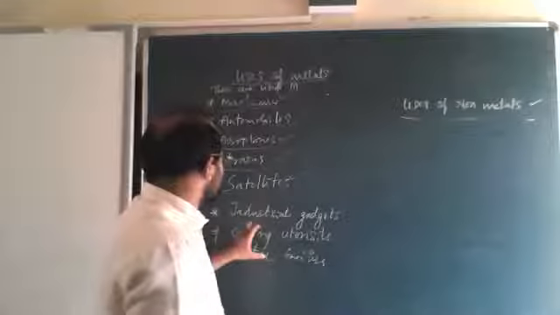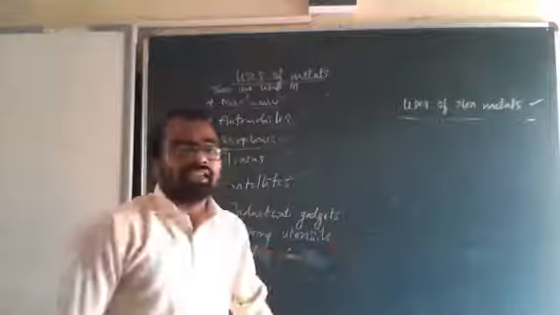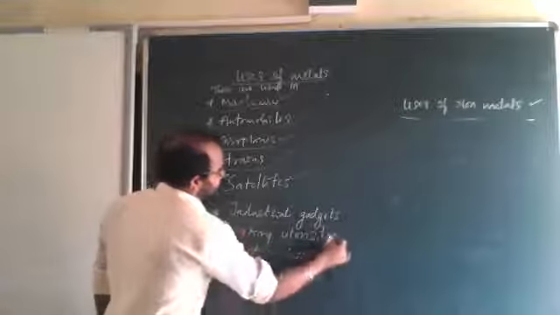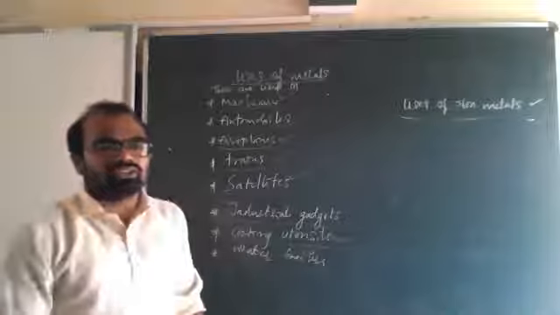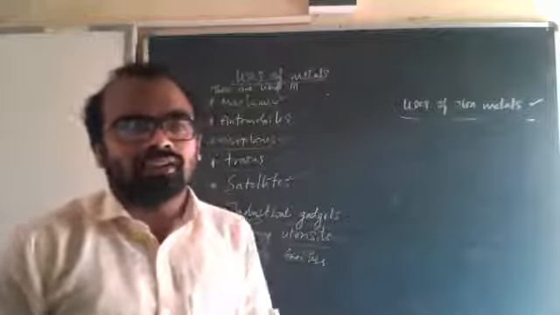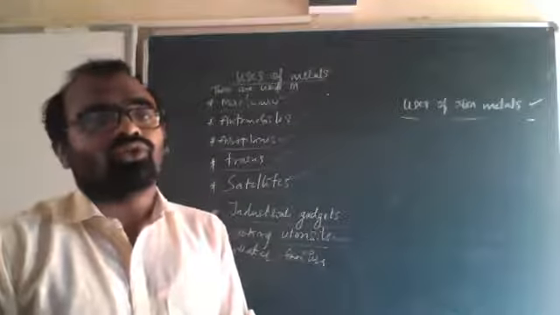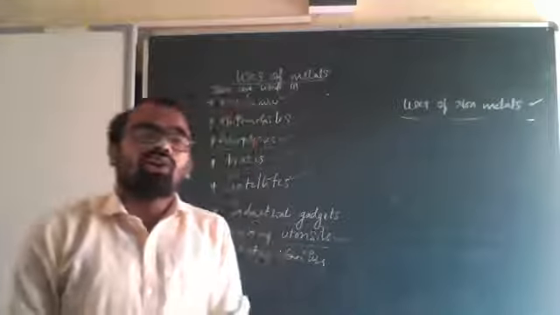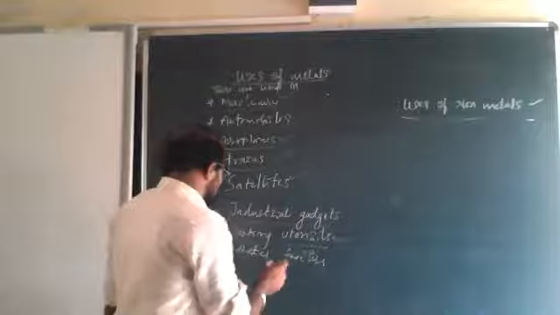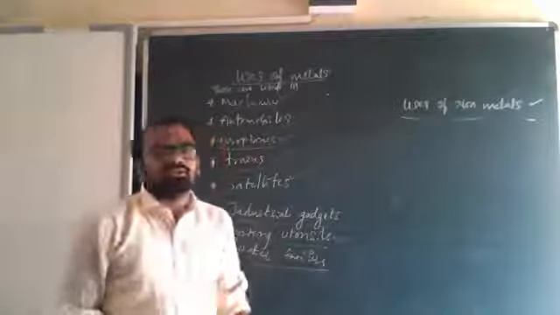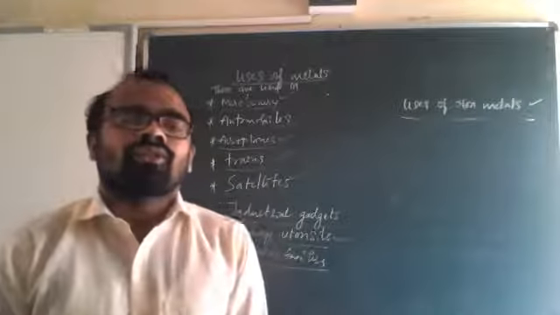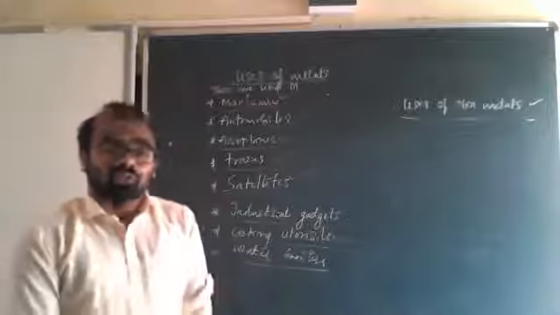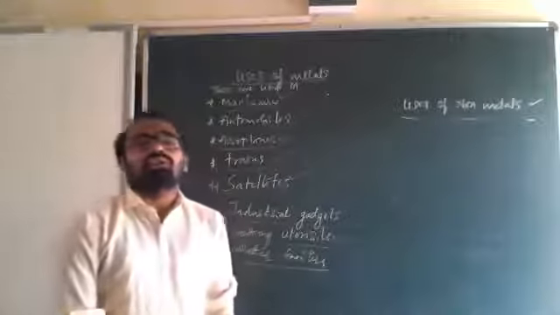You should remember this. Then they are used in cooking utensils. Cooking utensils, I think you know all that. In cooking utensils also metals are getting used. Then water boilers. You have seen water boilers also. For the transformation of it, there should be a metal. Okay. Then those metals are used in water boilers.